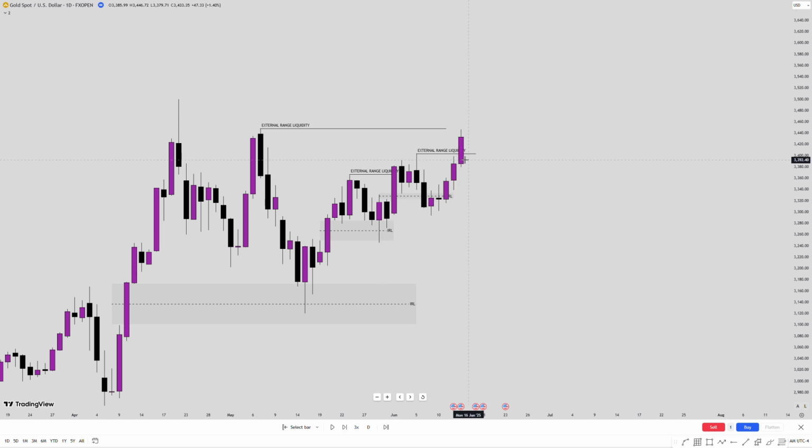Of course, it is just checking out. Now we have a fair value gap again, which is the internal range liquidity, and let's see if price is going to take out that high. We have simply taken out that high, and now the draw on liquidity is towards that fair value gap. Let's see. Boom, we've just hit the internal range liquidity, internal to external, the combination of these two main things which we learned before.